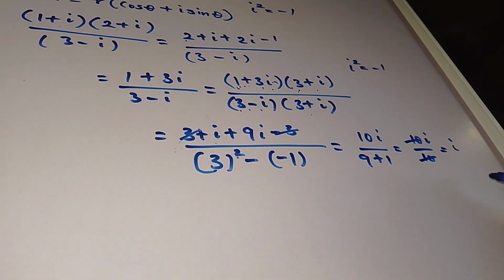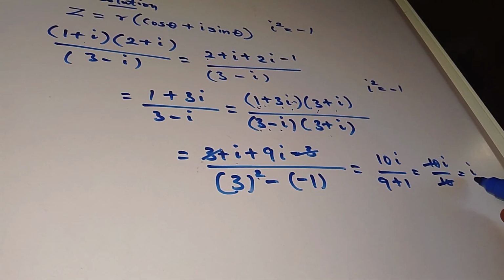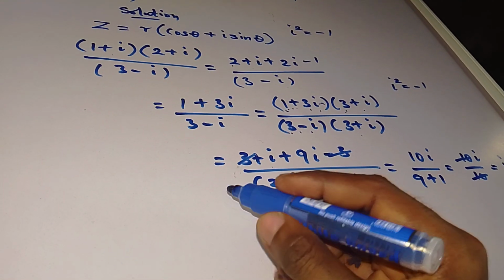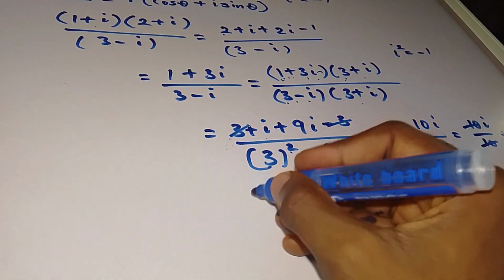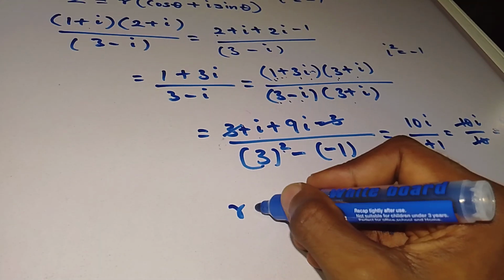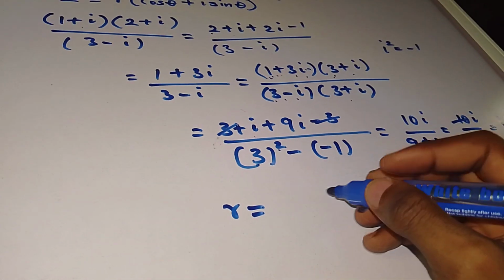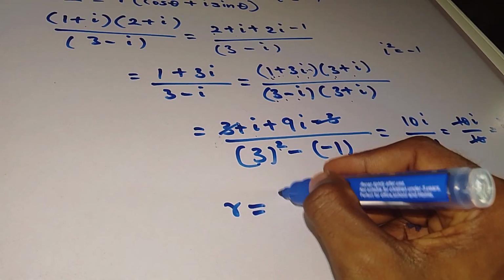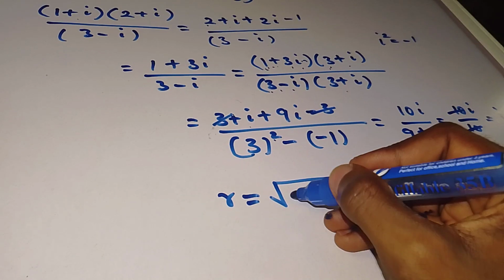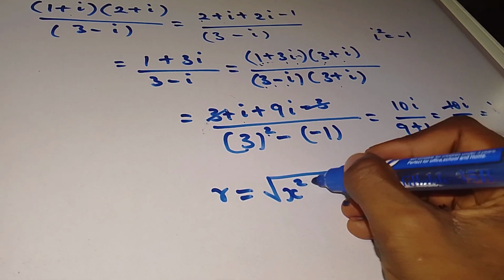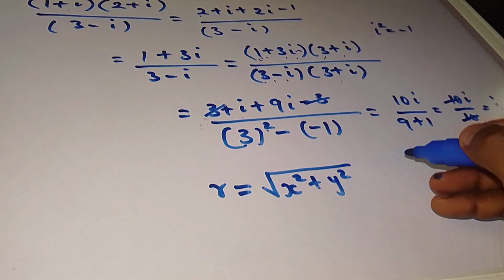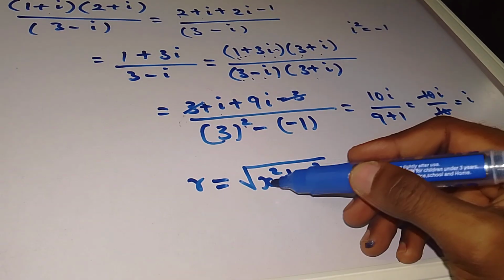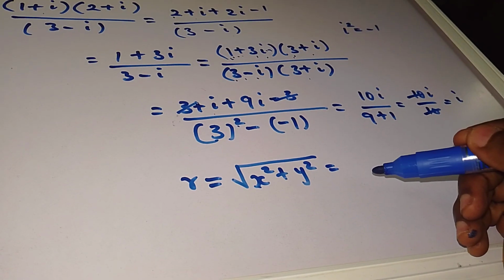Now we find the modulus, which is r. The modulus of a complex number is the square root of x squared plus y squared, where y is the imaginary part and x is the real part.